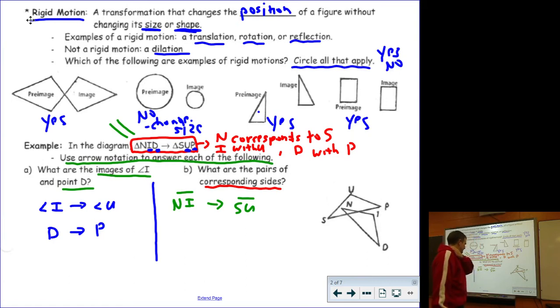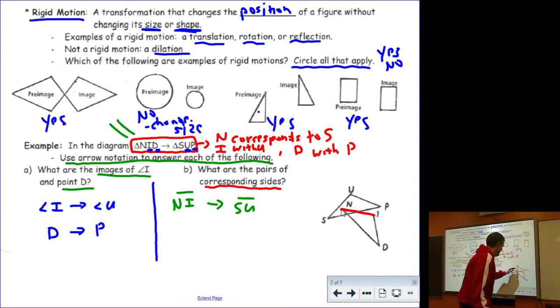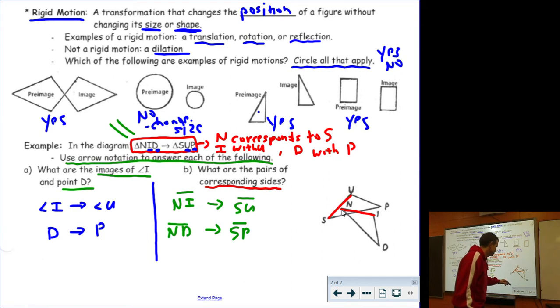Okay, so the sides that map onto each other are NI and SU, right? And then I'm supposed to name all of the sides, so then I might take the first and third letter, ND, and that's going to map onto the first and third letter, SP, or ND, which is that side, maps onto SP, which is that side.